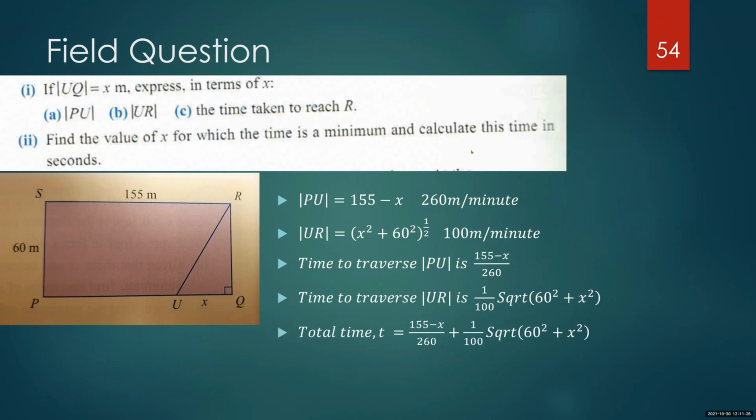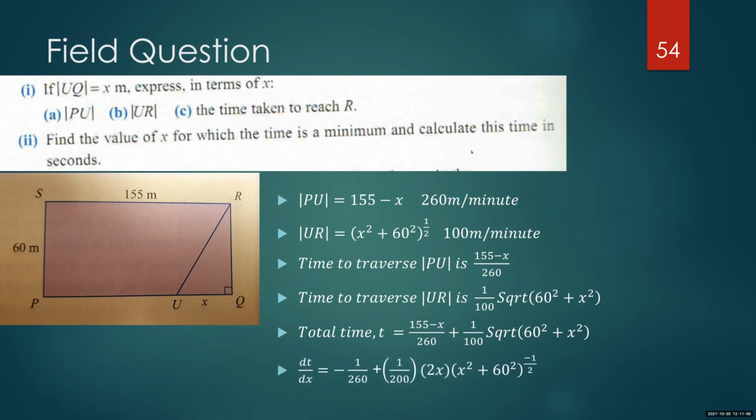Okay. So the total time then is the time to get from P to U and the time from U to R. So you just add those two to get that value. And so that is the total time to reach R in terms of x.